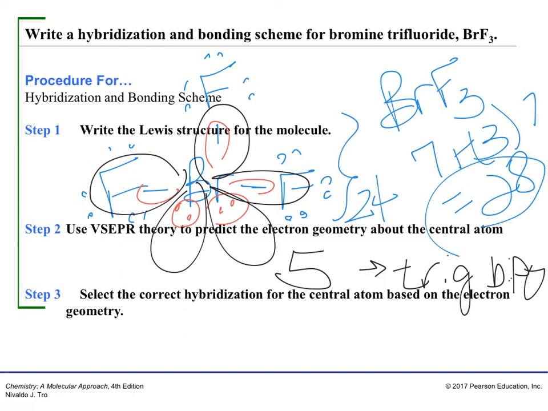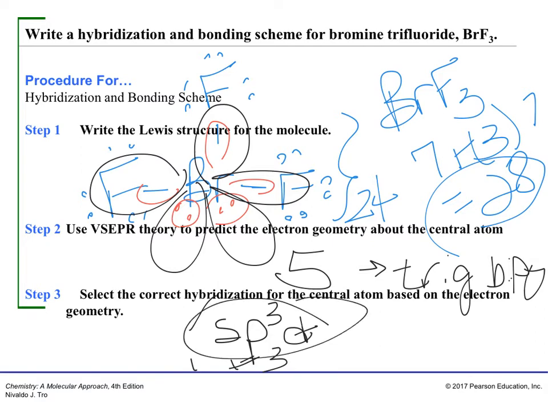If we have 5 domains, that means our hybridization, we need 5 hybrid orbitals. So 1 plus 3, and plus 1 more. Whoops, d. So our hybridization is sp3d.